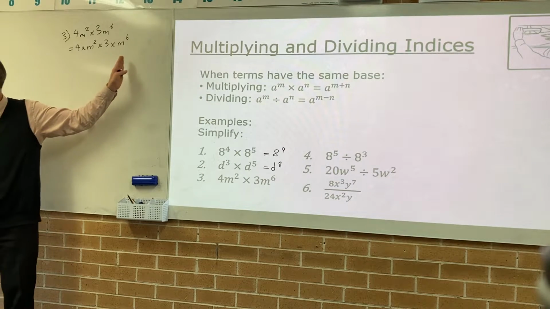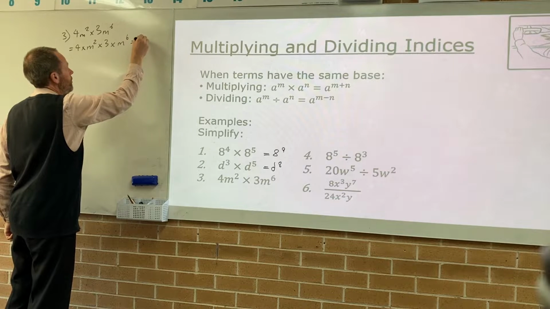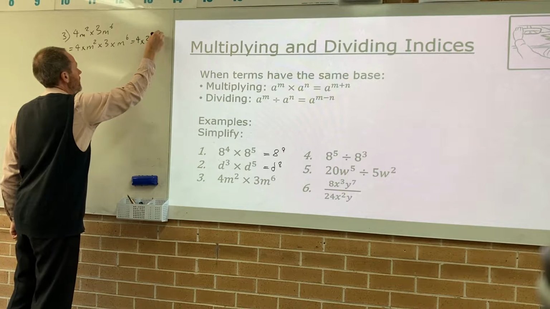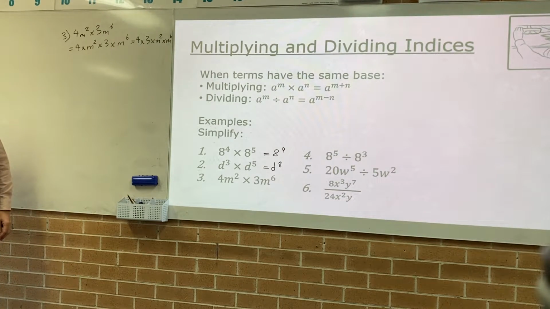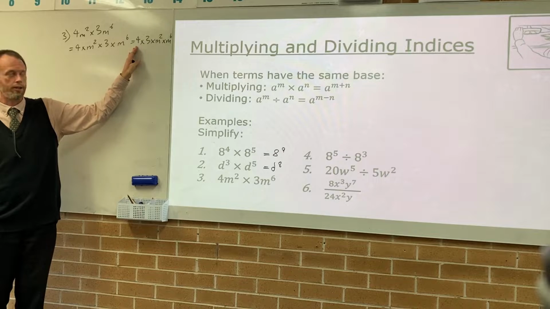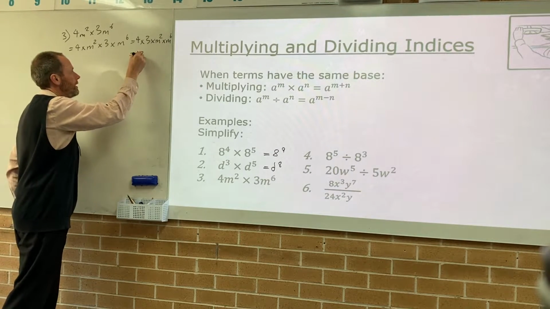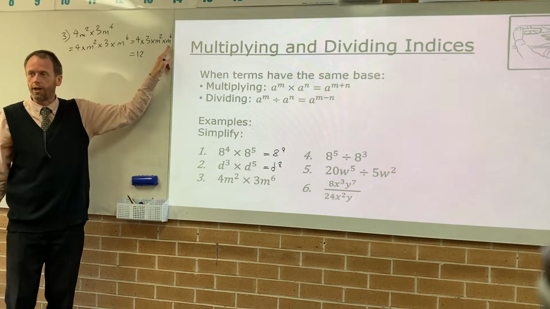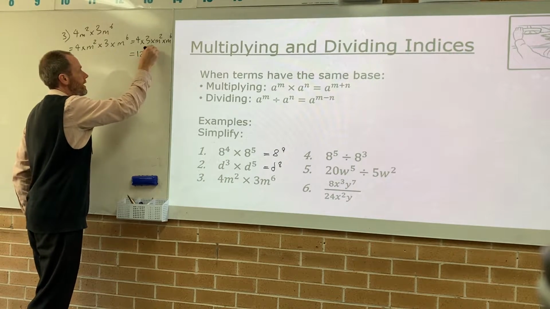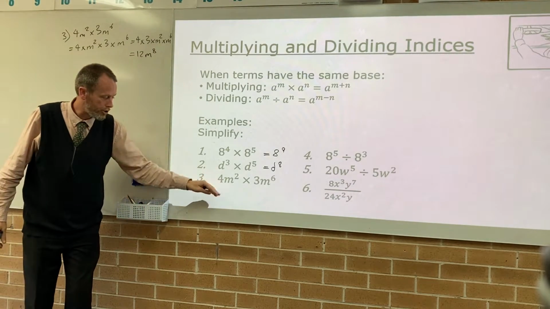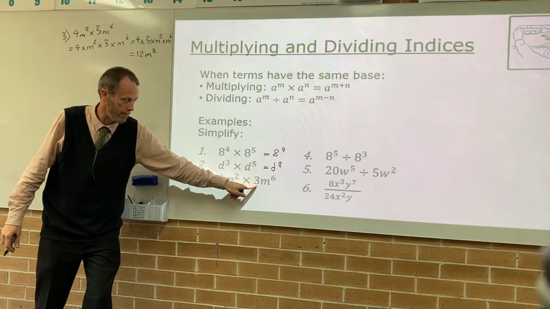And because it's times, we can reorganise it. So it actually becomes 4 times 3 times m squared times m to the 6. So, hopefully you can now see, what's 4 times 3? Someone said it, 12, good work. What's then m squared times m to the 6? Yeah, good. M to the 8. The numbers, don't get confused in with this. Just multiply those two numbers together.